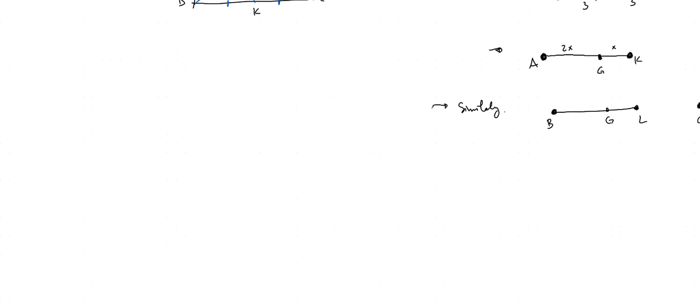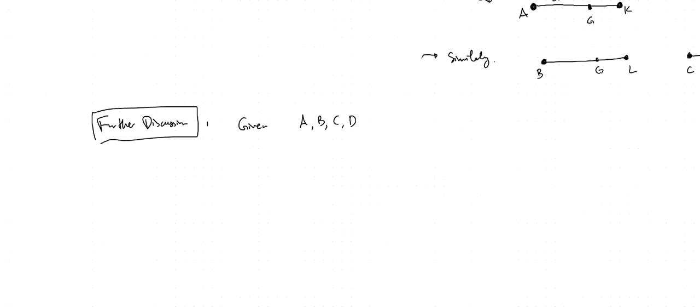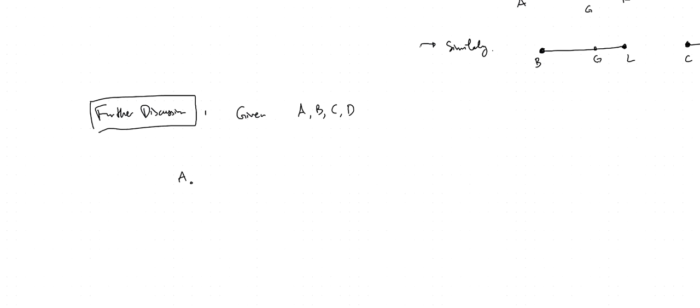Further discussion. When we have 4 points, given A, B, C, D, they can be at the vertices of a convex quadrilateral, or it doesn't have to be like this.